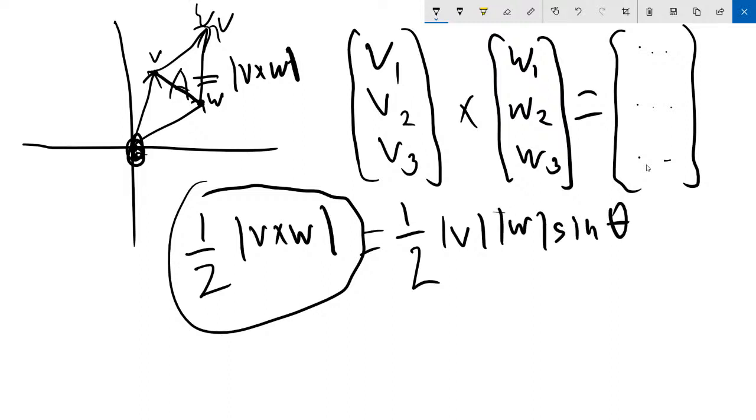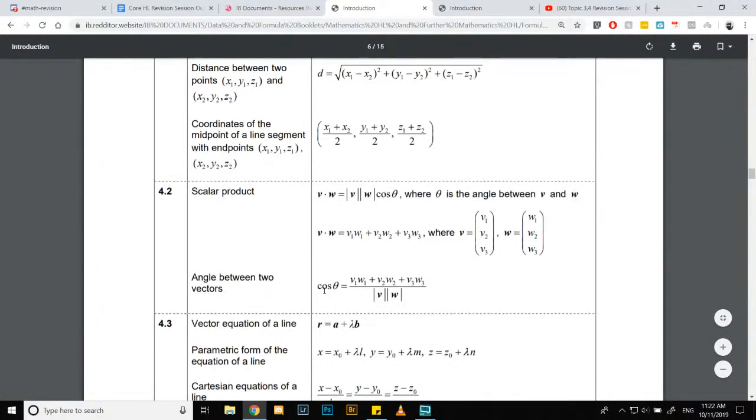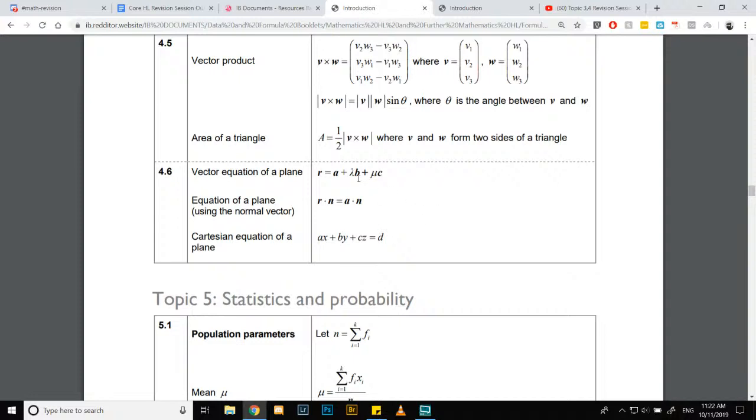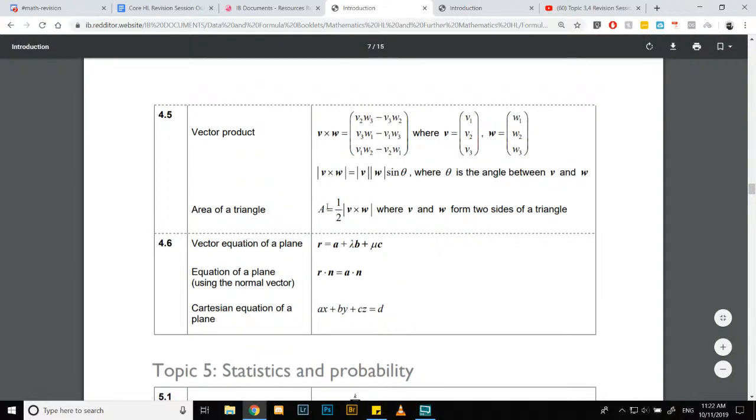That's also true. The halves cancel out. The cross product is equal to the magnitude of V times the magnitude of W times sine theta. That's why it becomes useful back again in vectors. So that's just a little note of how those connect to each other and why.